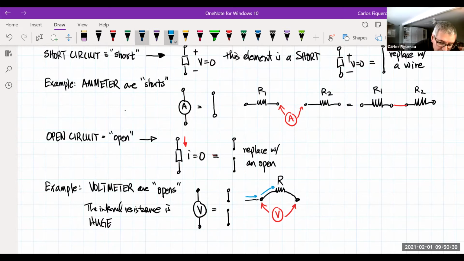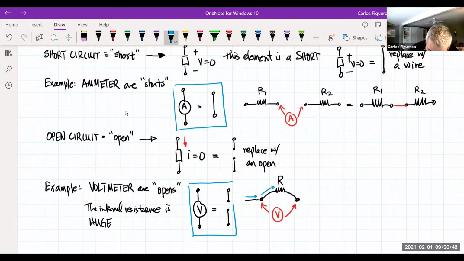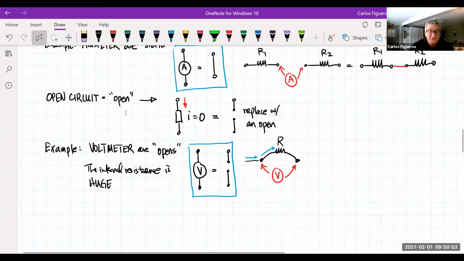So the two important things: ammeters are shorts, voltmeters are opens. I think I said it just the reverse here. Now, one of the things I'm not going to do here is that ideal voltage sources are literally wires, because they keep the voltage at 0 always the same.